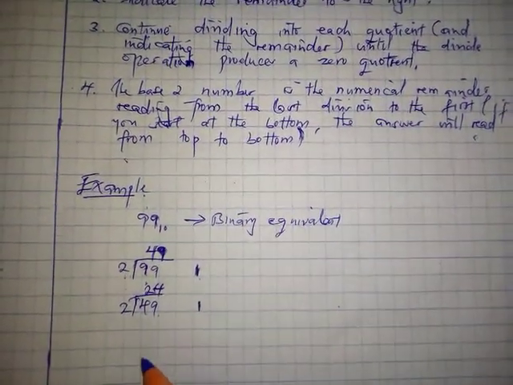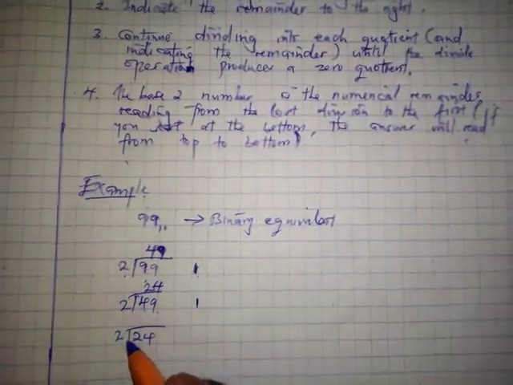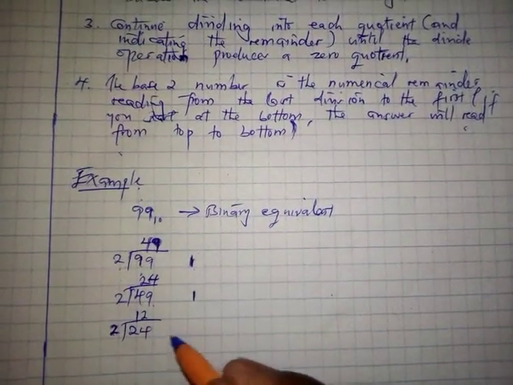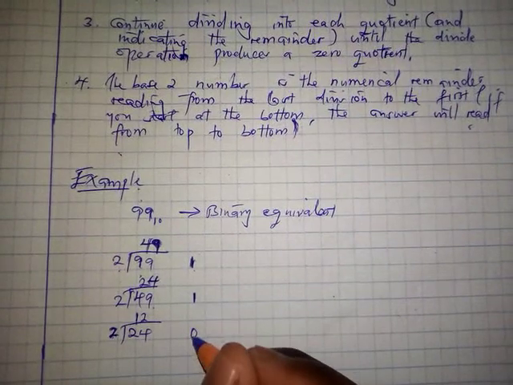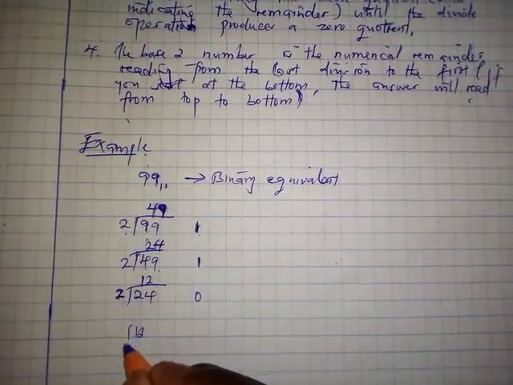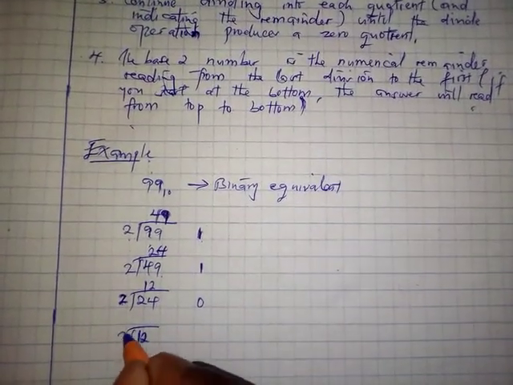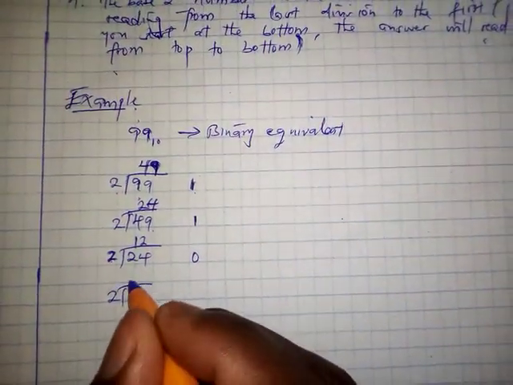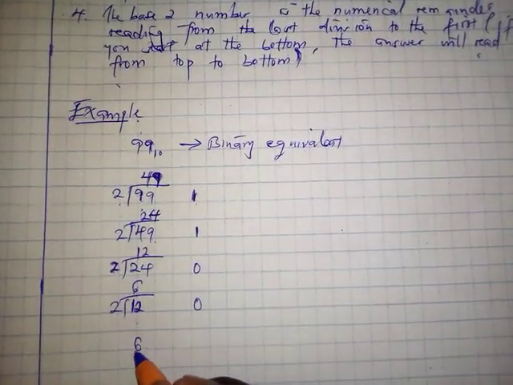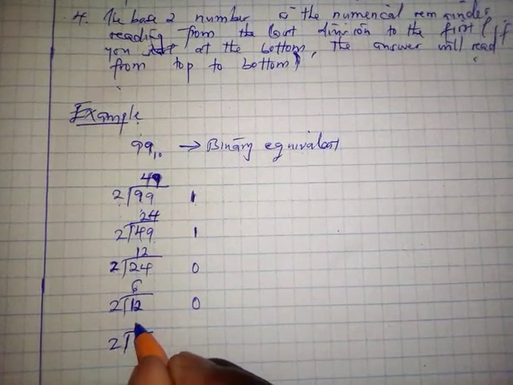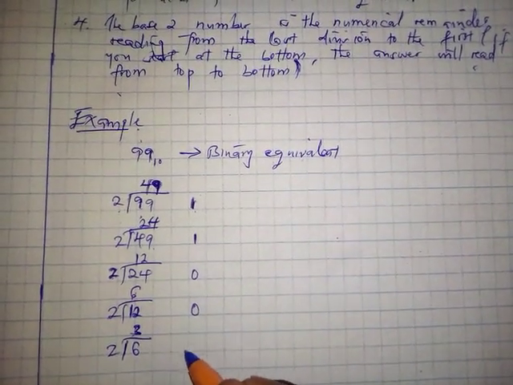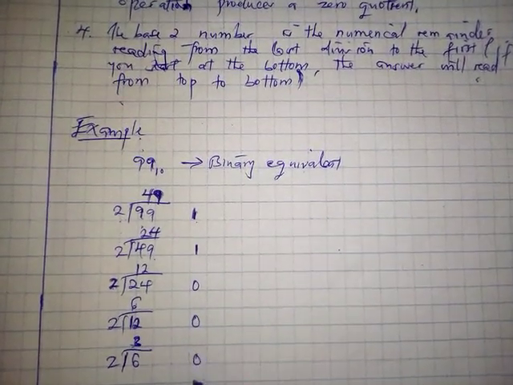So I continue. 24 divided by 2 is 12. 12 times 2 is 24, so the remainder is 0. I have indicated it to the right. Then 12 divided by 2 is 6. 6 times 2 is 12, so the remainder is 0. 6 divided by 2 is 3. 3 times 2 is 6, so the remainder is 0 still.